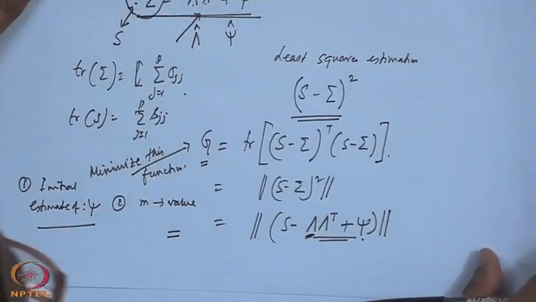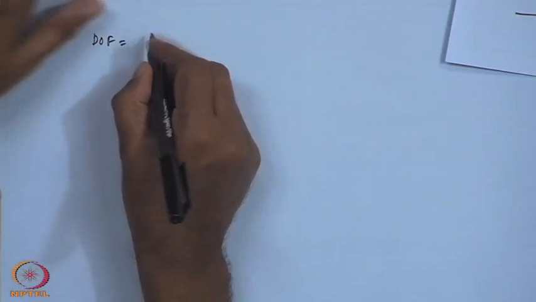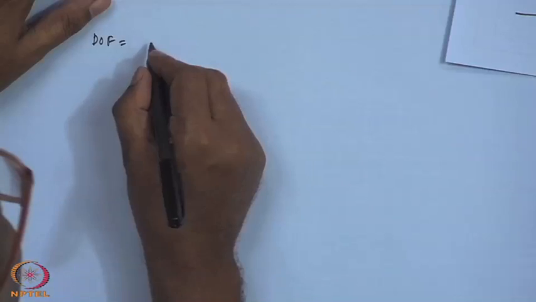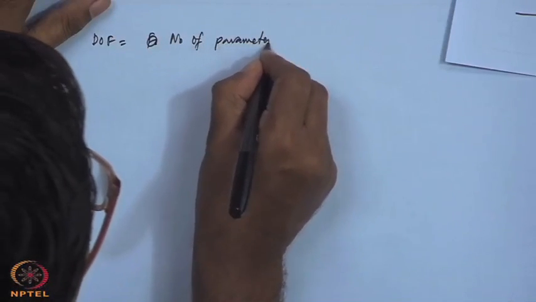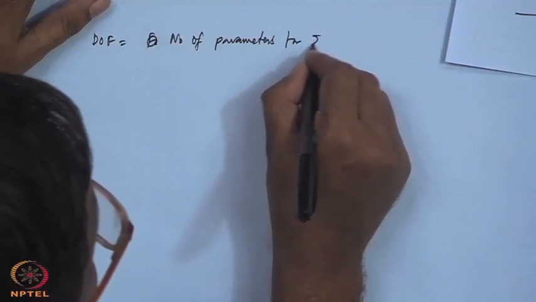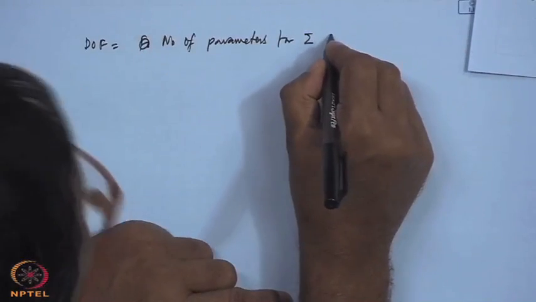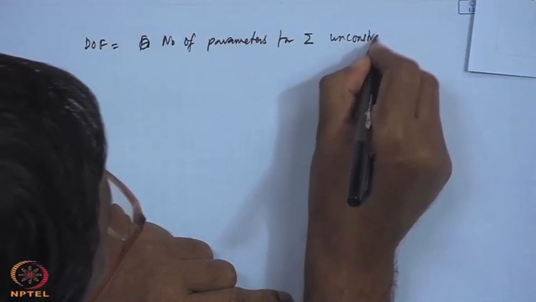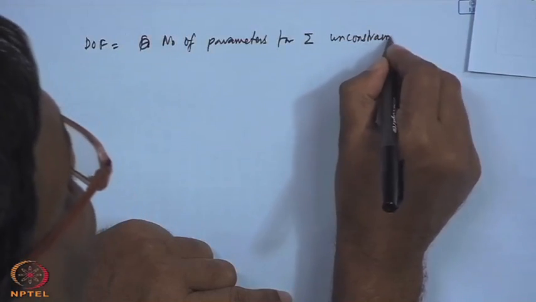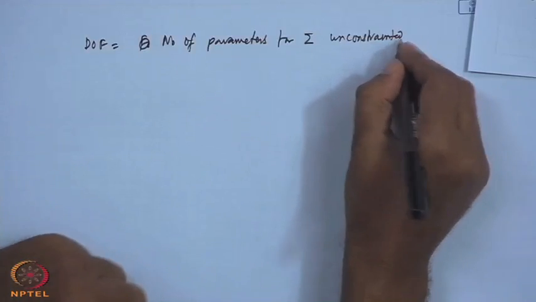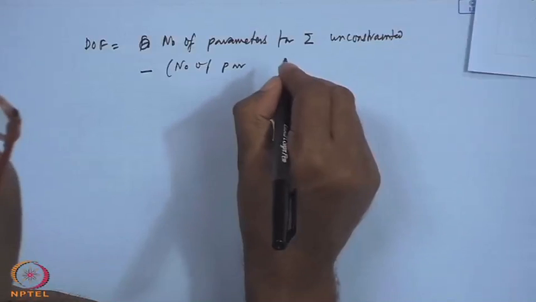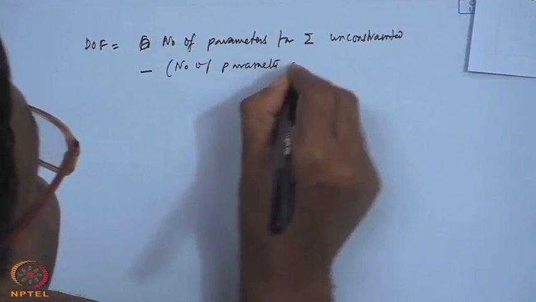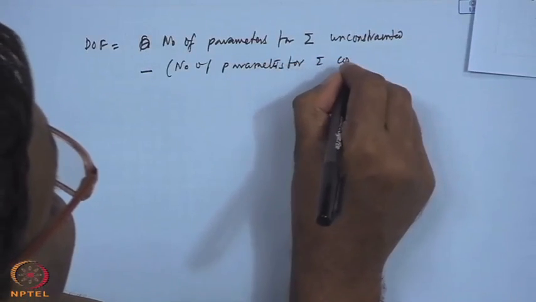We find that the degrees of freedom is the number of parameters for that capital sigma, unconstrained, minus the number of parameters for the sigma constraint.